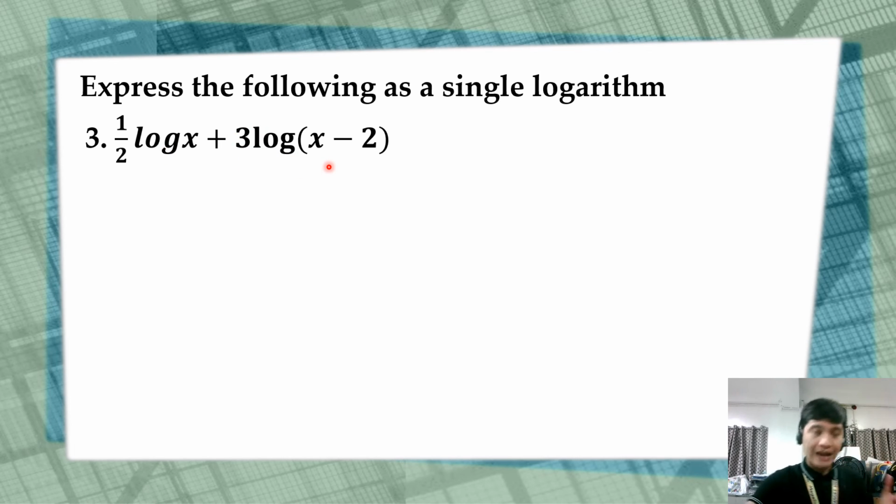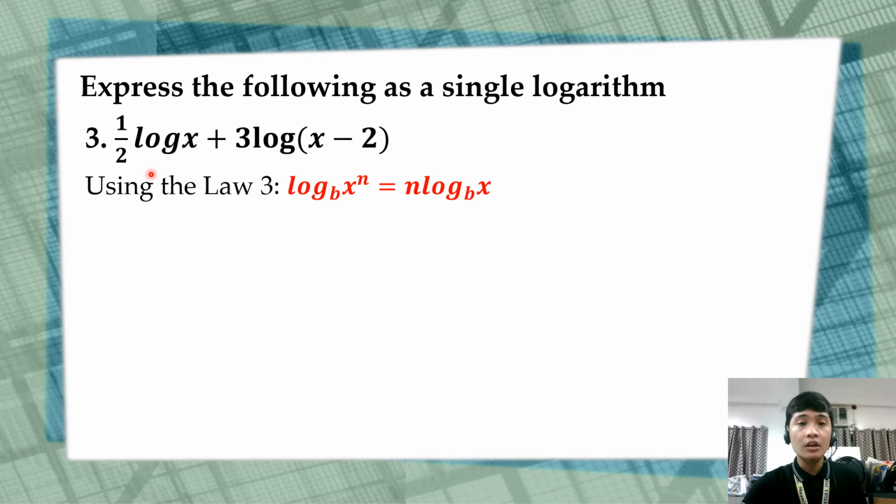If we are going to analyze and associate this one with the three particular laws in logarithm, it is actually a result of the third law of logarithm, which is the power rule, or the logarithm of a power, given by logarithm of x raised to n base b.